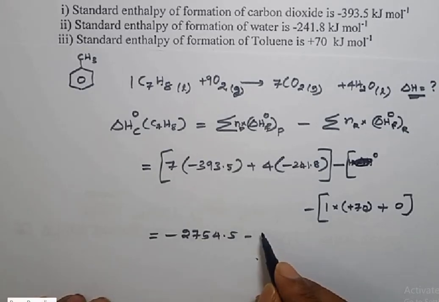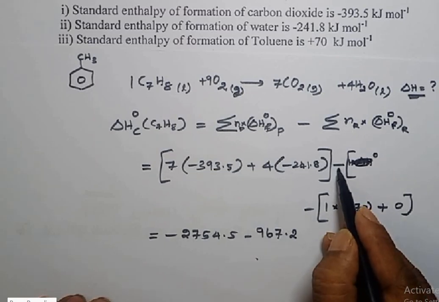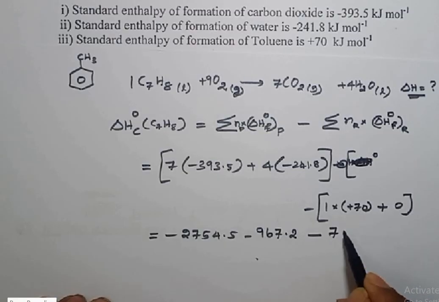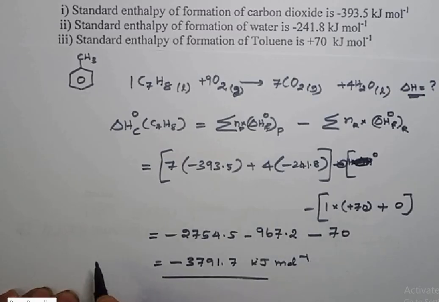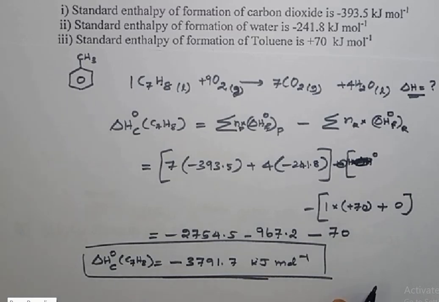This will give me minus 967.2 kilojoule, and here we have minus, and here minus of this, so you get minus 1 into 70 is 70. Okay, now all are the same sign, so we have to add. Yes, it comes out as minus 3791.7 kilojoule per mole. Okay, this is the standard enthalpy of combustion of toluene, C7H8. This is how we can calculate using this given data.